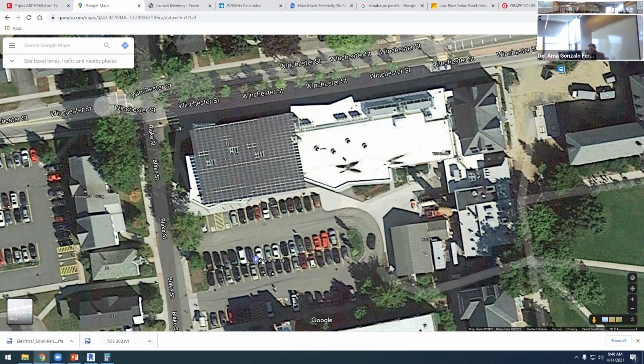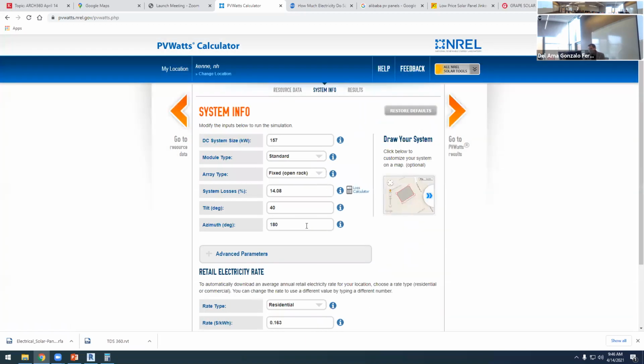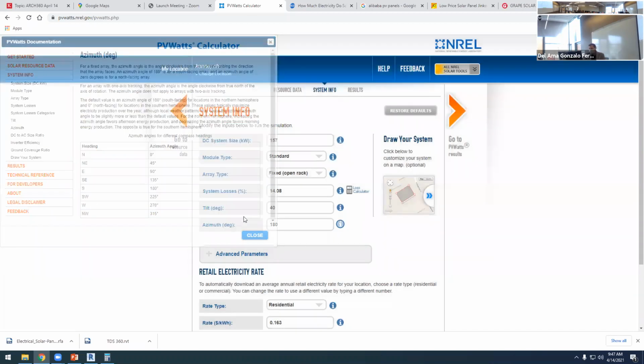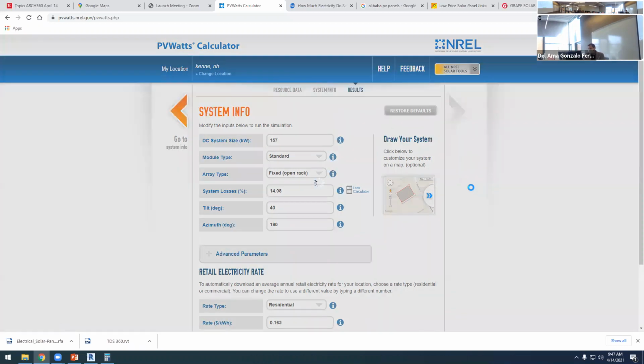Probably if we change the angle, I don't know this angle exactly, but if I change the angle here, let me see, south is 180, southeast, southwest. Okay, so let's say that this is 180, let's say that is 190. Probably now it will be closer to what we get in Revit.